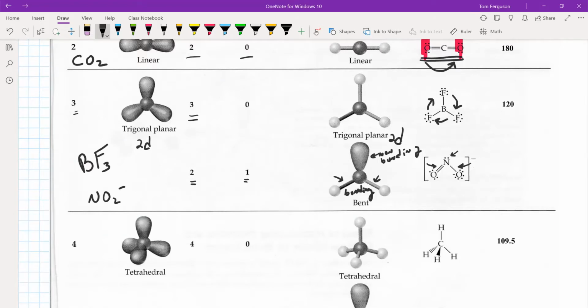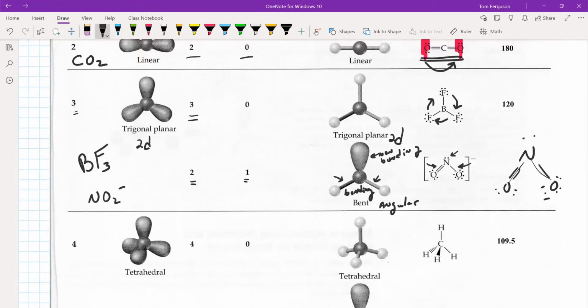And that's called bent, because if you ignore the non-bonding, the molecule sort of looks like this. And this is where the bent comes in. Sometimes they call it angular also. Most of the time they call it bent, however.